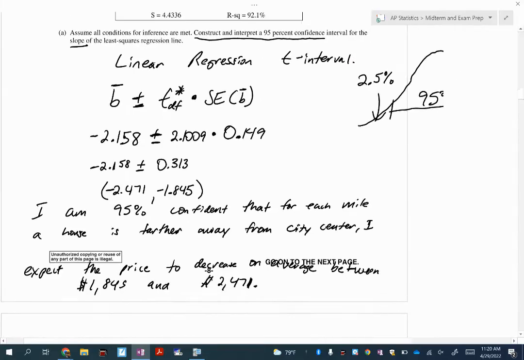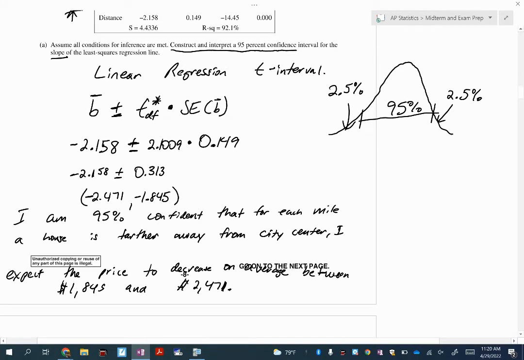All right, so that's all of the mechanics as well as the interpretation of this interval.